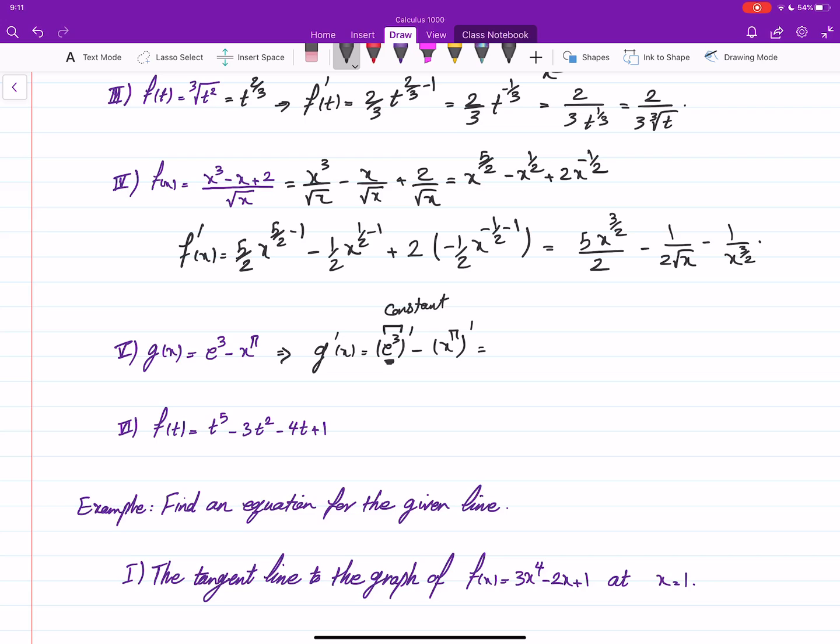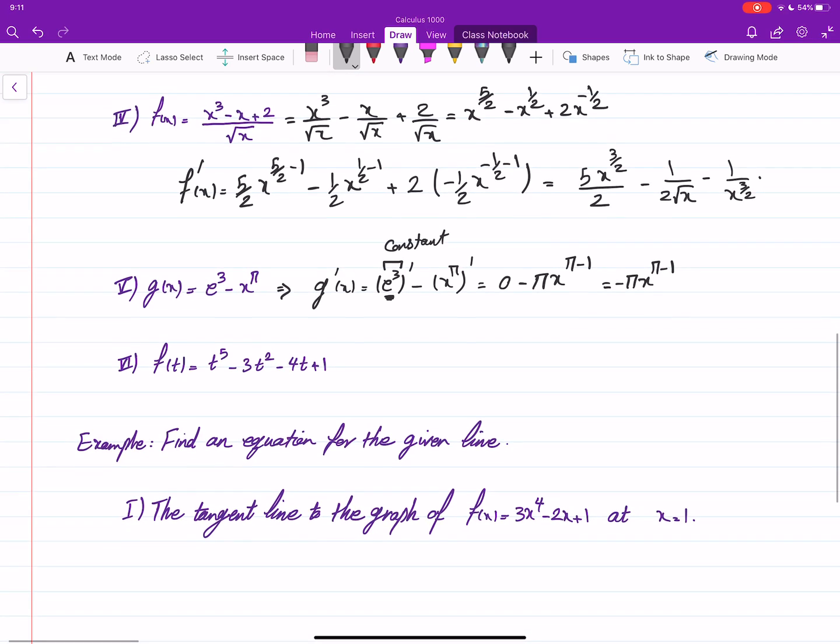Well, it's a number around 20, something like that, maybe a little bit more. But it's a constant number, and then this derivative will be 0. x to the power pi is a power rule, so pi x to the power pi minus 1. That is what we have.